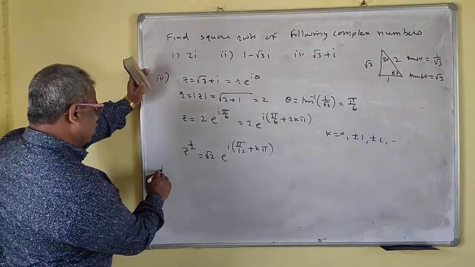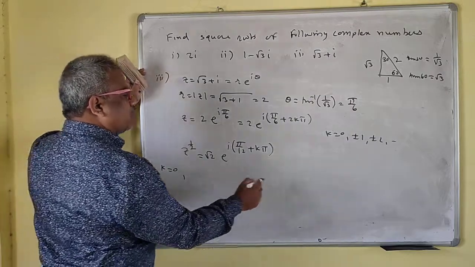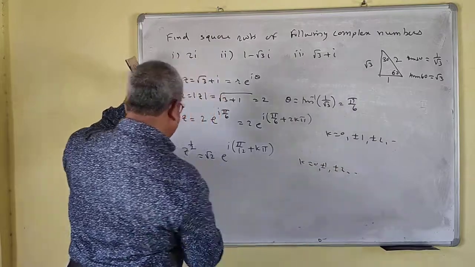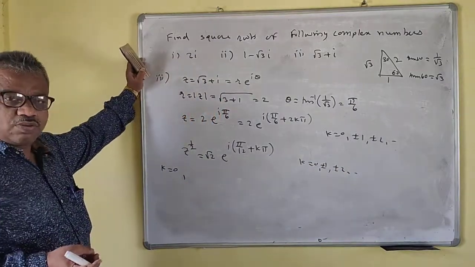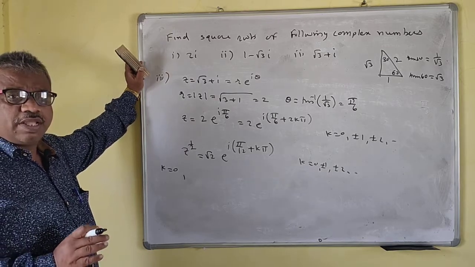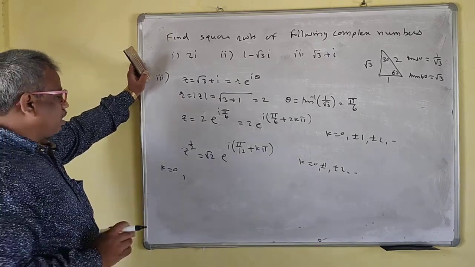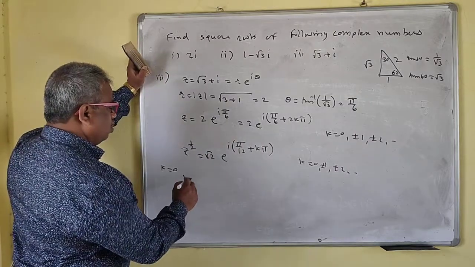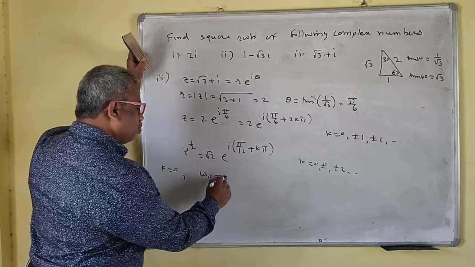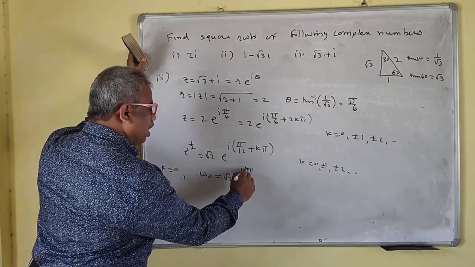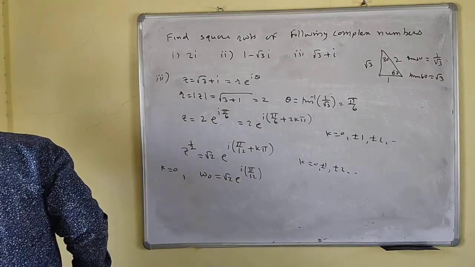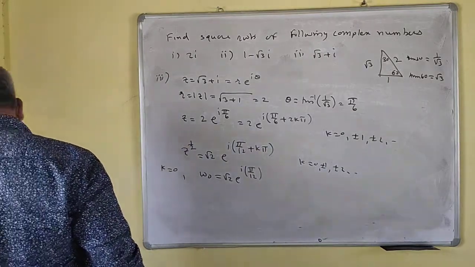Now we'll put k is equal to 0, so that we will get the first root. But here we want a particular root. There are only two roots, so we are taking the values k is equal to 0 and 1 only. So k is equal to 0: I will write this as omega naught, which is root 2 e raised to i pi by 12. This is root 2 (cos pi by 12 plus i sin pi by 12).